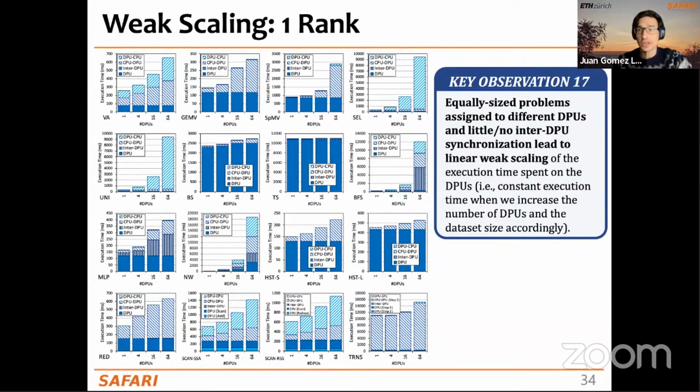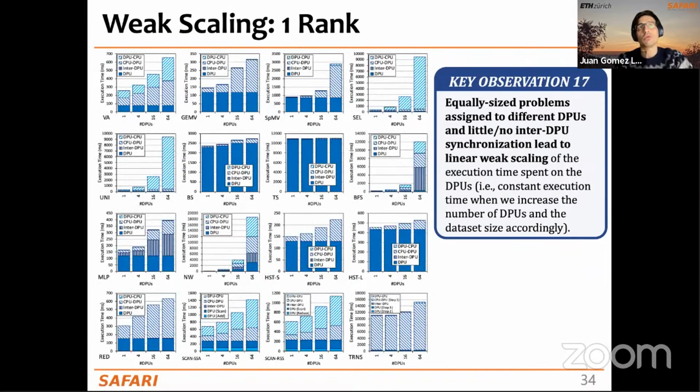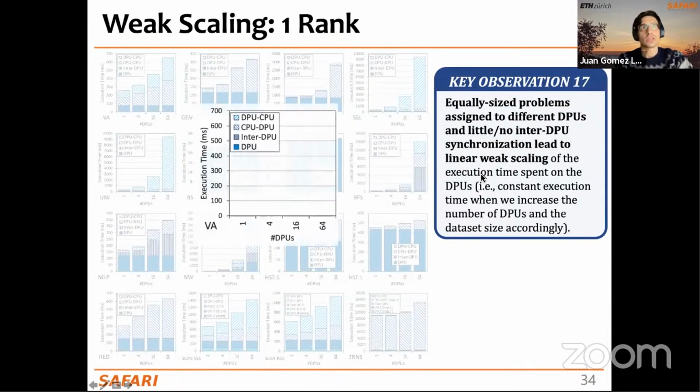Remember that in weak scaling experiments, we increase the size of the problem as we increase the number of DPUs in the system. So in most of the benchmarks where there are equally sized problems assigned to different DPUs, and in these benchmarks as well, where we don't have so much inter-DPU synchronization, we see linear weak scaling.